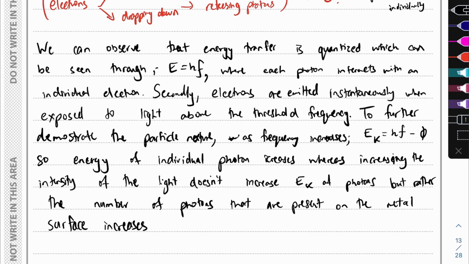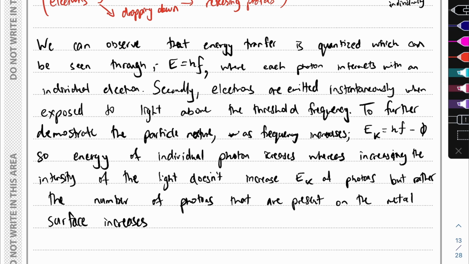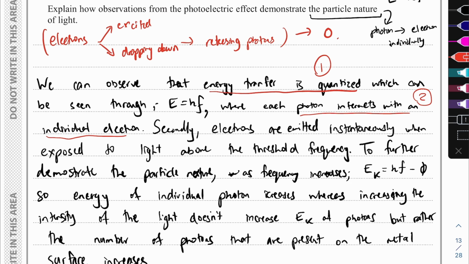So let's see what we talked about here. So first we talked about quantization, right? So that's one thing. And then we mentioned that this quantization is for an individual interaction between a photon and an electron, that's two. And thirdly, these electrons are being released instantaneously. There is no wait.